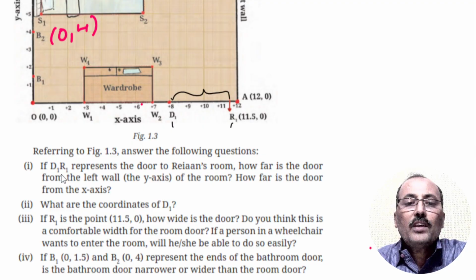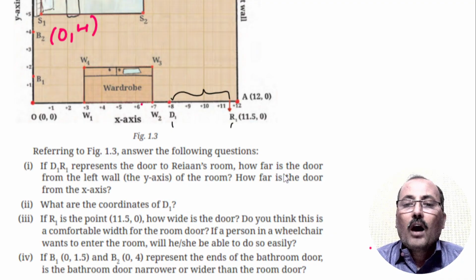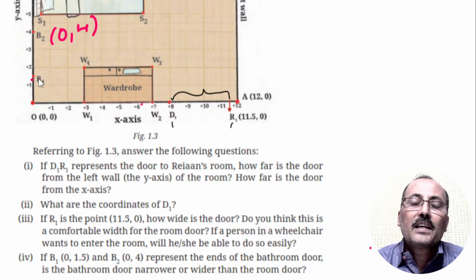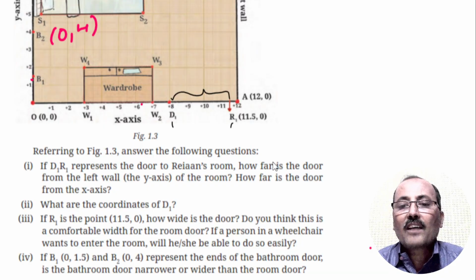Now let us see the first question. If D1R1 represents the door to Raymond's room, here is D1R1, this is the door to Raymond's room. How far is the door from the left wall, that is, the y-axis? From here, counting 1, 2, 3, 4, 5, 6, 7, 8, it is 8 units.